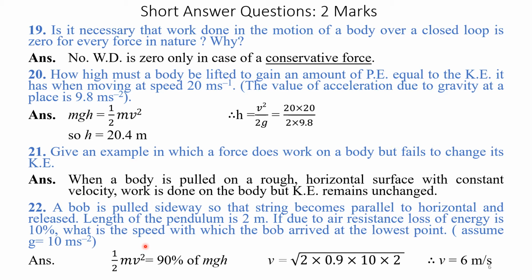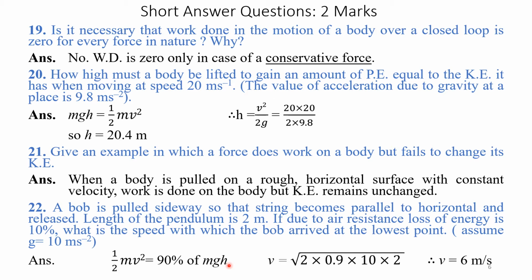It is given that 10% of energy is lost due to air resistance. So half m v square, that is kinetic energy, is equal to 90% of the potential energy. Potential energy is given by mgh.